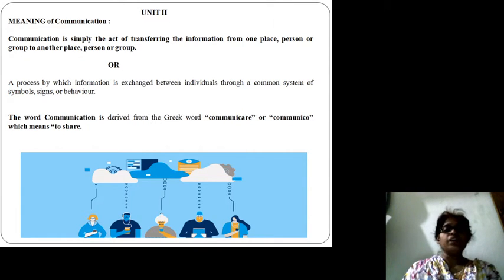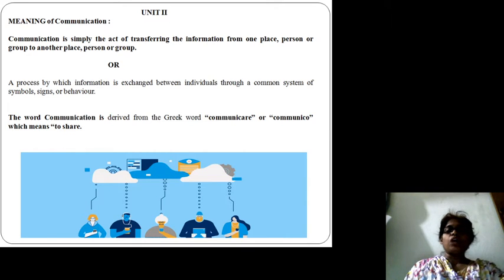So again, communication is a process by which information is exchanged between individuals through a common system of symbols, signs or behavior. Many times while communicating, we use different symbols, different signs, or facial expressions, how you express your ideas, that all is covered, or we can call it a part of communication.